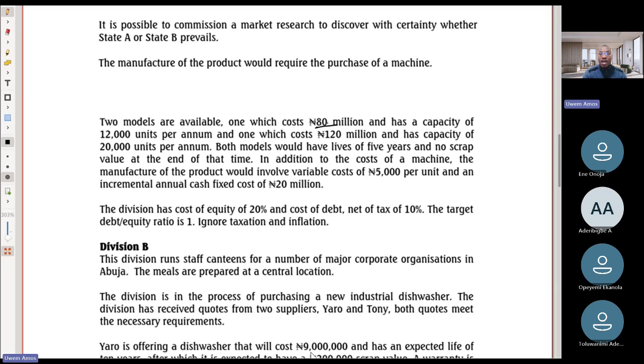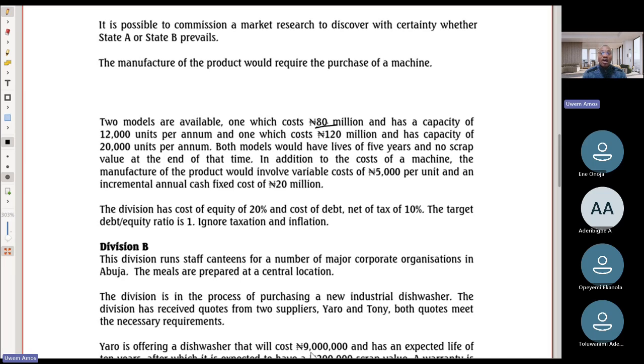Both models would have lives of 5 years and no scrap value at the end of that time. In addition to the cost of a machine, the manufacture of the product would involve variable costs of 5,000 per unit and an incremental fixed cost of 20 million. Those are key points to take note of.